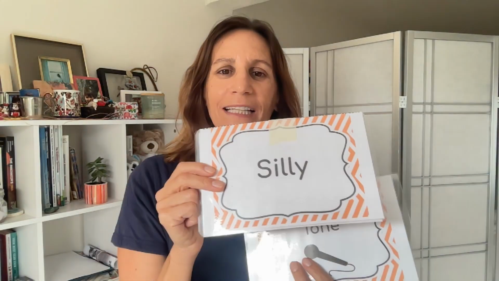So they have to say, I dropped my ice cream cone in a silly tone. They say it, and then the other kids in the audience have to guess what tone they're emoting. And if the audience guesses it, the person who did the action gets the point.